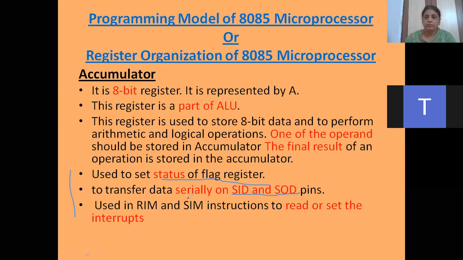What are the different functions of the accumulator? The first function you have to write is that this is a part of the ALU, and during arithmetic and logical operations, one of the data should be in the accumulator, and after the operation, your final result will be stored in the accumulator.